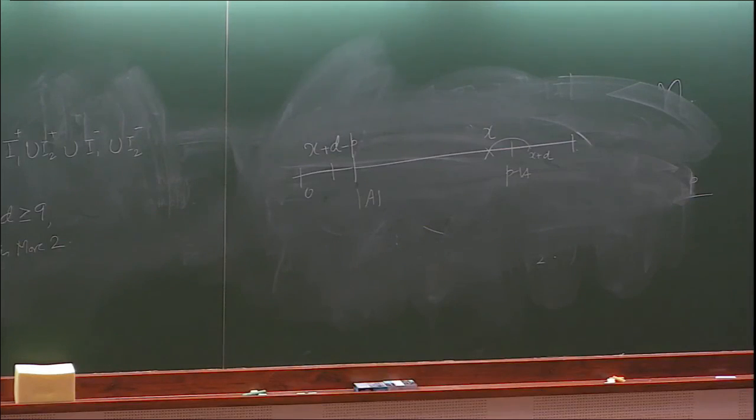At the time when it makes move 2, when it goes up by d and comes back by p, it still cannot go inside this interval. It still will be left. That's all I have to prove.